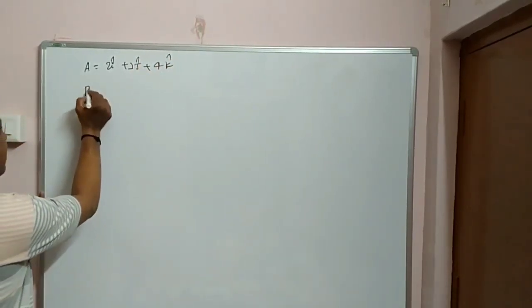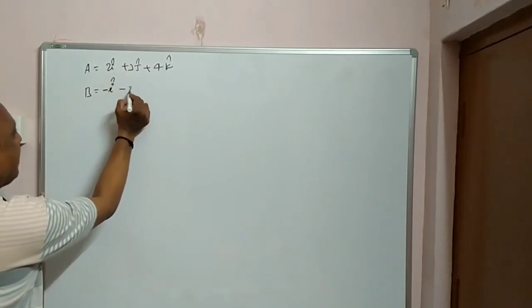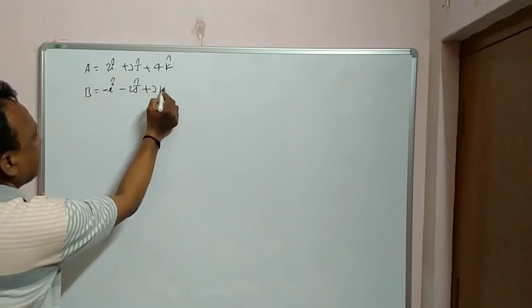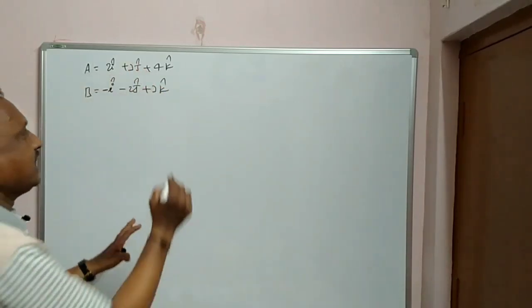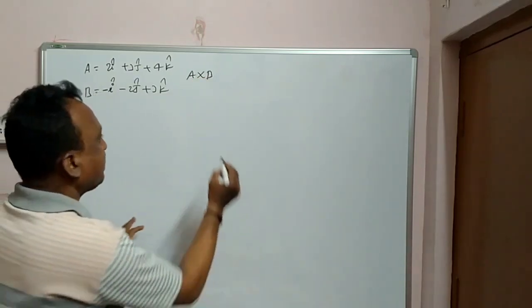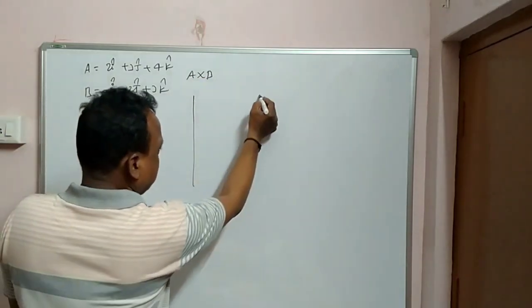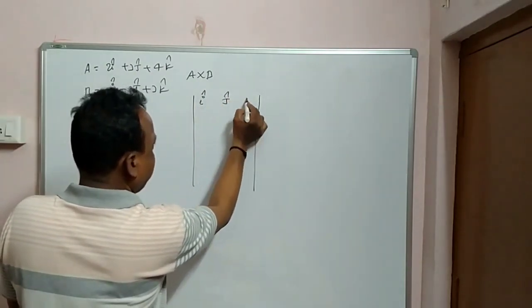And let B vector be given by minus i minus 2j plus 3k cap. Suppose these two vectors are given and he is asking you to find A cross B. Then the easy method in determinant is to draw two lines. First write the unit vectors i, j and k.